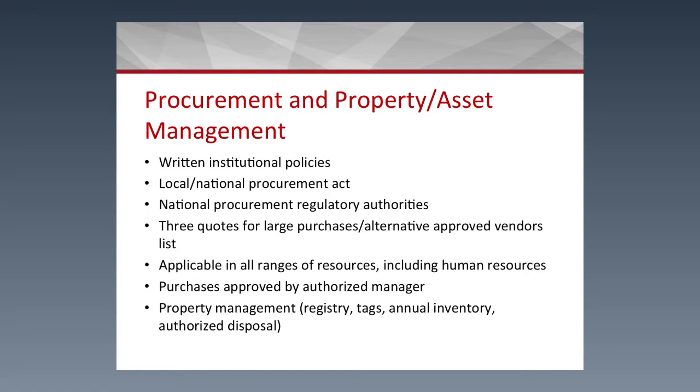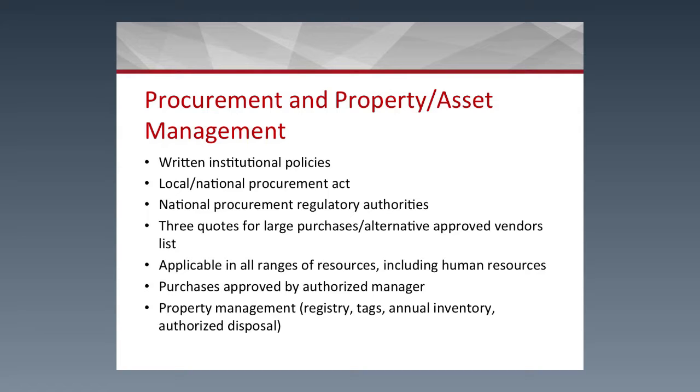When it comes to procurement, property, and assets management, you need to have written policies at the institutional level. You need to be mindful of the local applicable or national procurement acts with which you might need to comply.